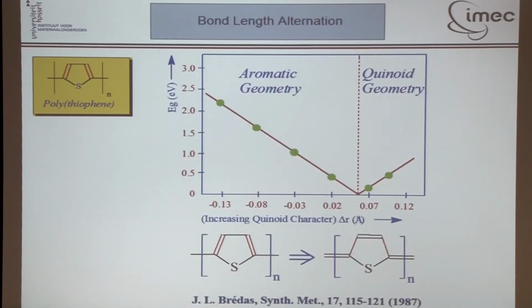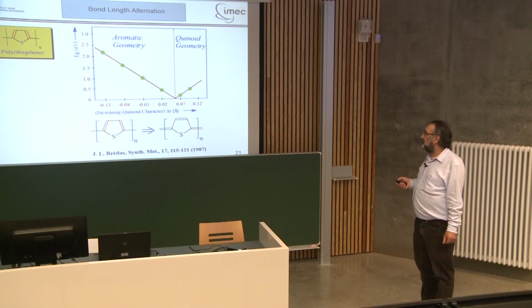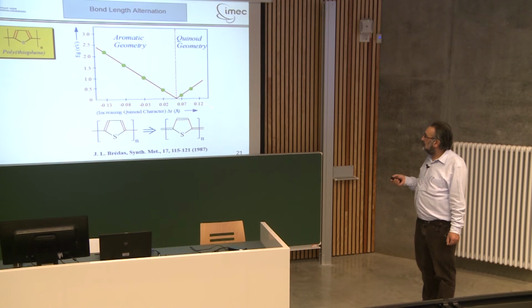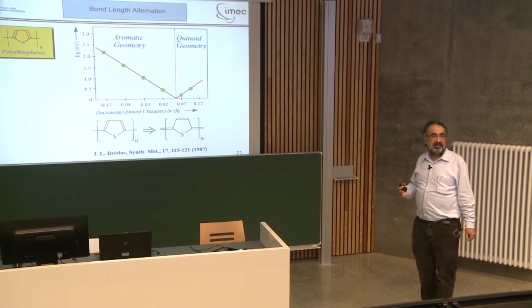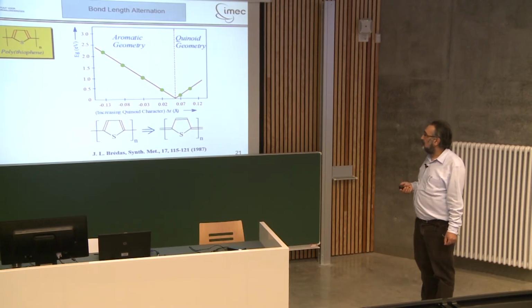This was modeled by Jean-Luc Brédas many, many years ago, in which he systematically changed the geometry from aromatic to quinoid, and looked then at the evolution of the band gap. Now you see here a straight line. I have to point out what is used here as a parameter of geometry.